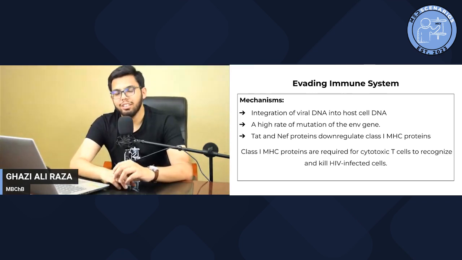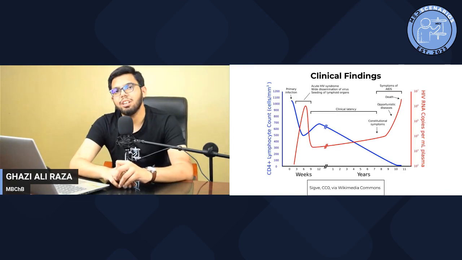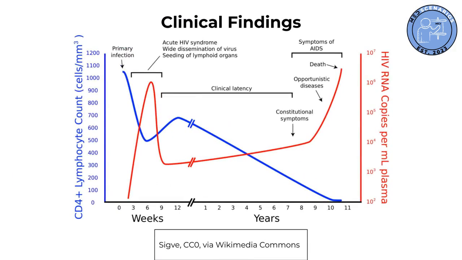Clinical findings: there are three stages or phases in which the patient can present. First is the early symptom or the acute phase, in which the patient usually suffers from headaches, nausea, muscle fatigue, sore throat, swollen lymph nodes, fevers, chills, low blood pressure, clamminess, rash, blueness of skin, joint pains.